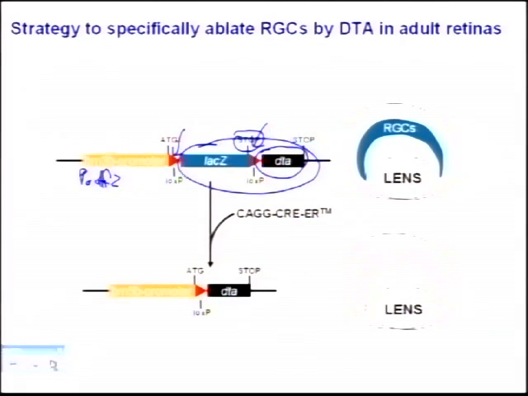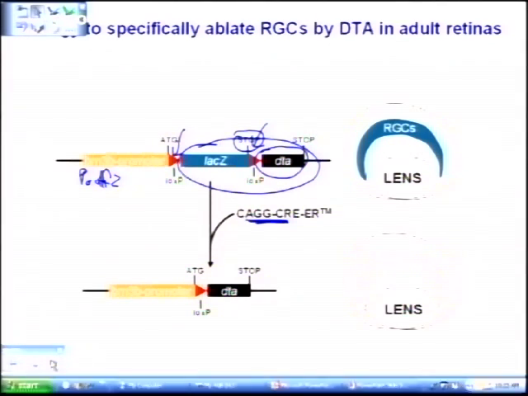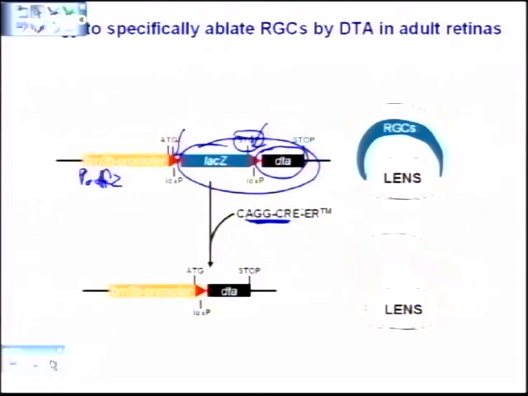We cross it to a Cre recombinase that has a ubiquitous promoter. And this promoter is driving a Cre gene that's a conditional Cre gene. It's fused to an estrogen receptor that's been modified to respond to tamoxifen, which is an estrogen analog. So when we make mice that have this Cre gene, and put in tamoxifen, we activate Cre.